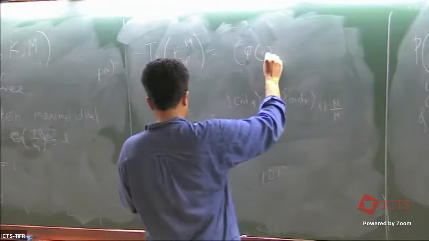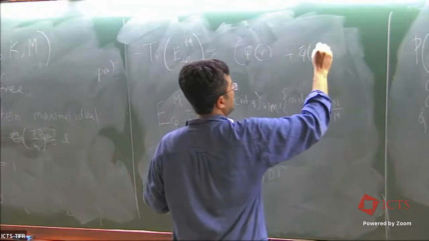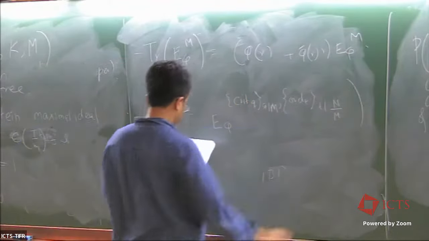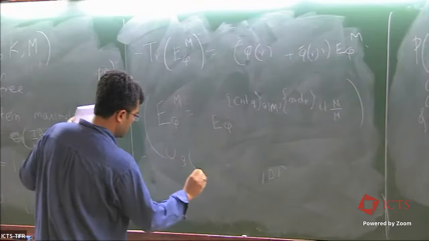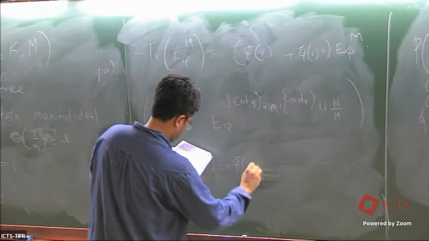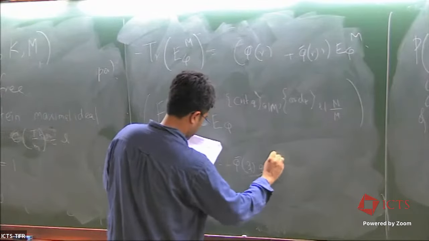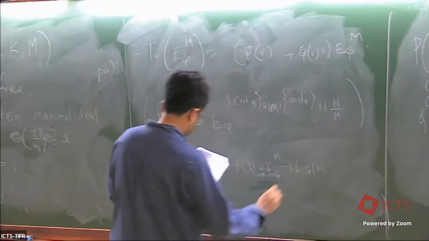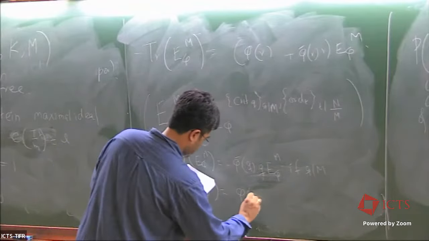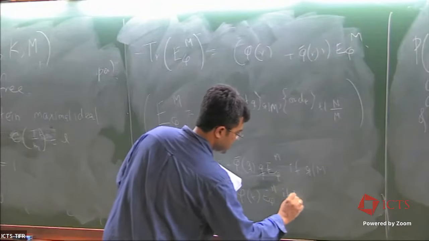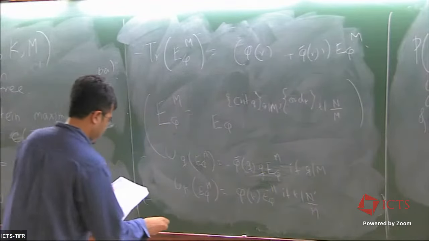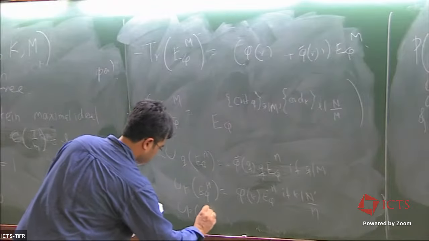Then you have T_r E_phi of m equals (phi of r plus phi bar of r) E_phi of m, and I have information about p dividing n. Also U_q E_phi of m equals phi bar of q times E_phi of m, and U_t E_phi of m equals phi of t times E_phi of m, for t dividing n by m.